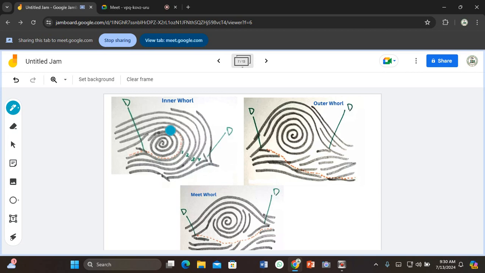And by the time you get to a point immediately after the delta, a place that is just opposite of it, you stop. Then you count the number of ridges between this tracing ridge and the delta. This is 1, 2, 3, 4. So what you have there is inner whorl. Look at the difference.